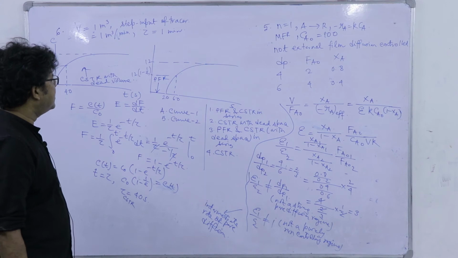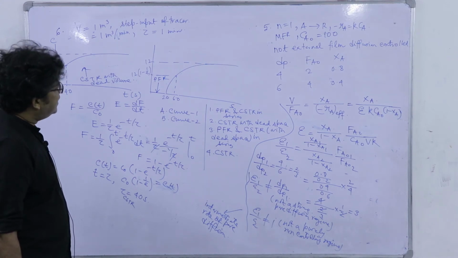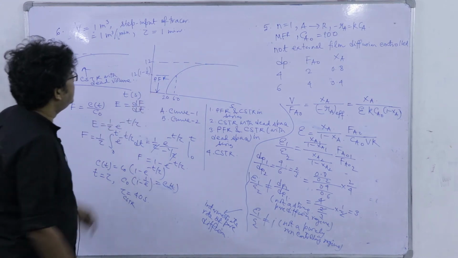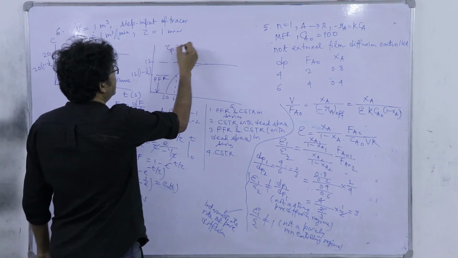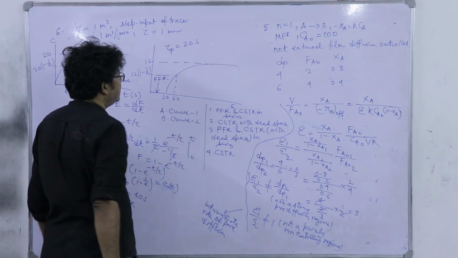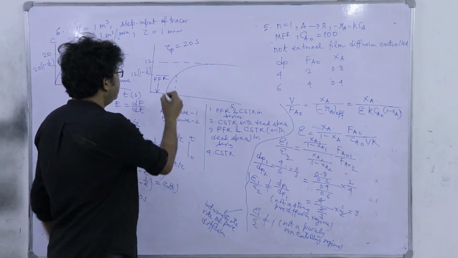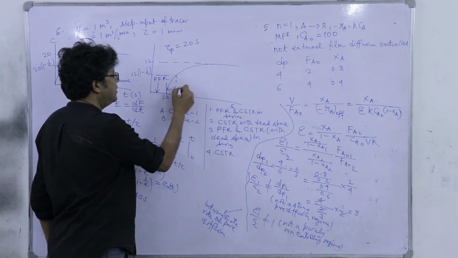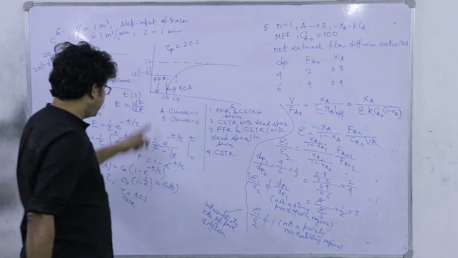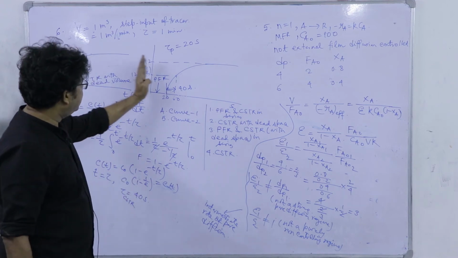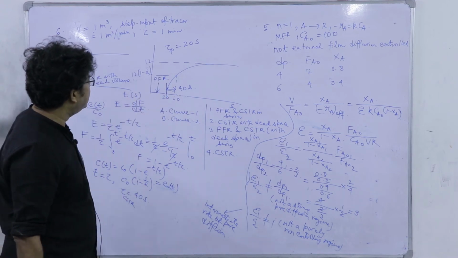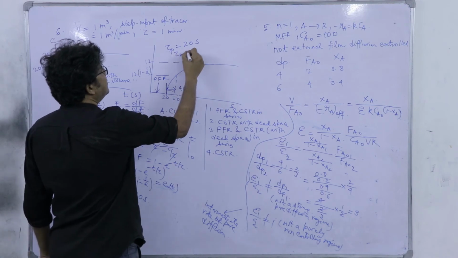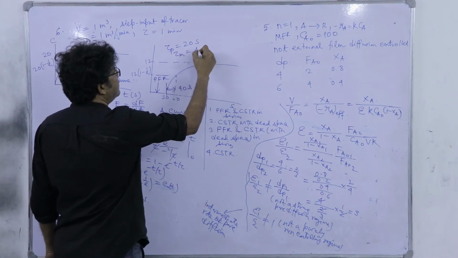So, this one is the PFR. So, next, for PFR tau p equal to 20 second. Now, next here this gap you see it is 40 second. So, this must follow the same equation. If we shift the origin here, this is 40 second. So, tau m is again 40 second.